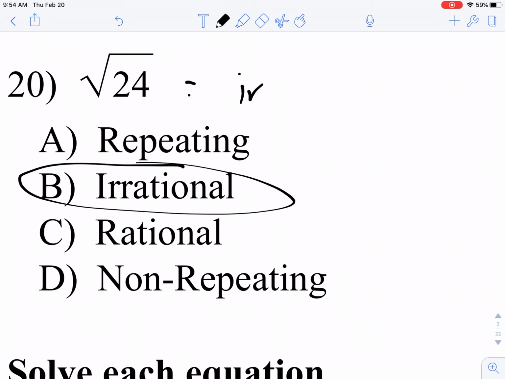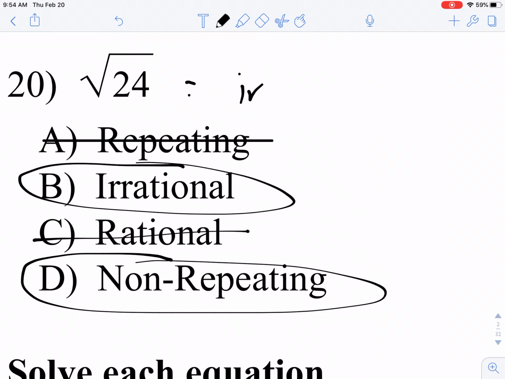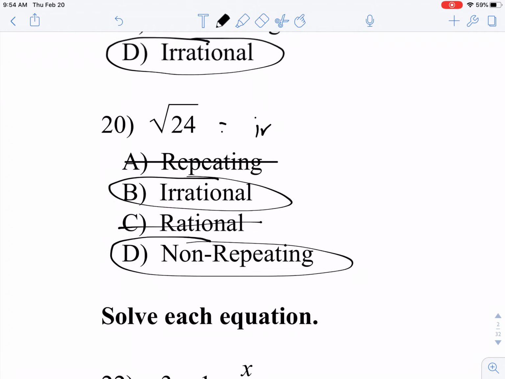And interesting enough, the definition of irrational is numbers that never repeat and don't end. So it can't be rational if it's irrational, so it has to be the non-repeating one.